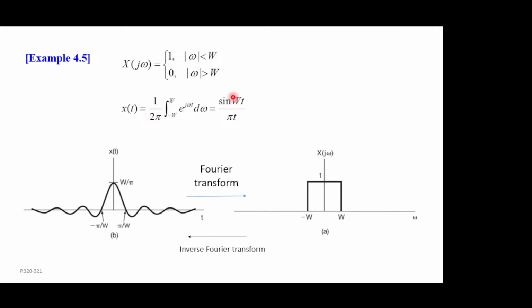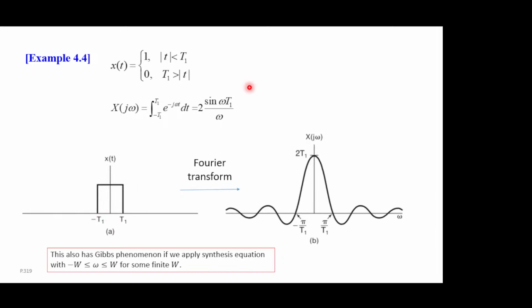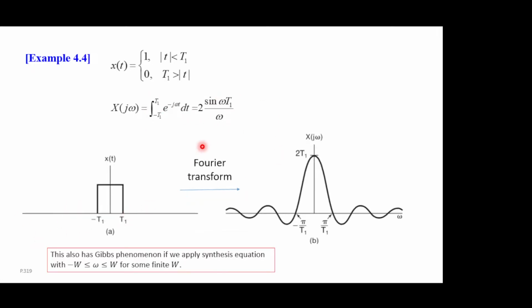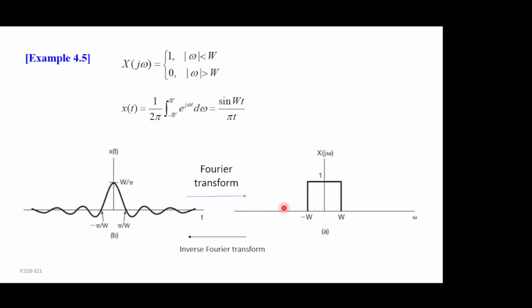So with a little difference in constants, you start with this big X here, and then you do this inverse Fourier transform calculation. You see your x is this sine Wt over t. Okay, so very similar. You see it's basically the same thing. The big T1 here becomes this big W here, and also you have this 1 over 2 pi, so it becomes 1 over pi.